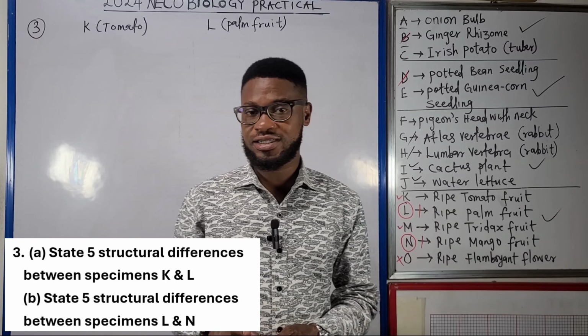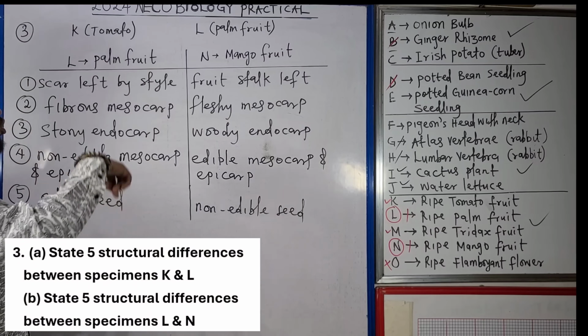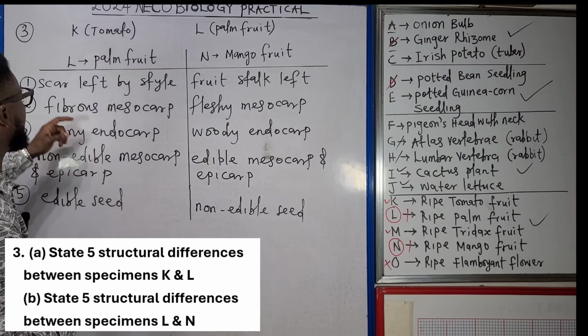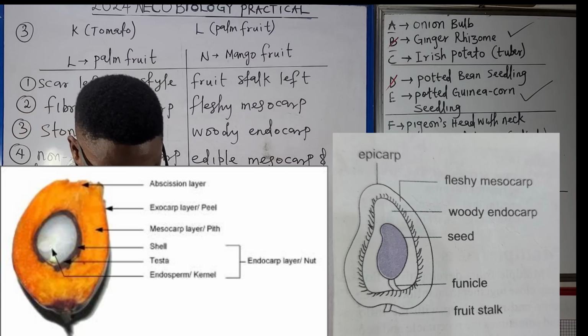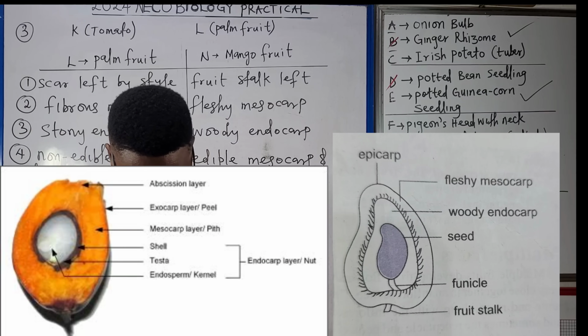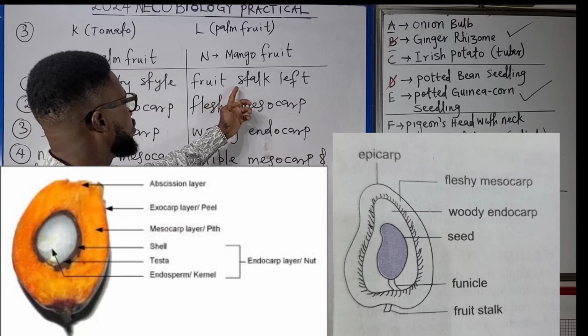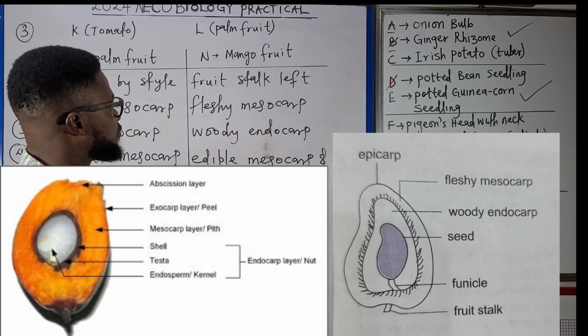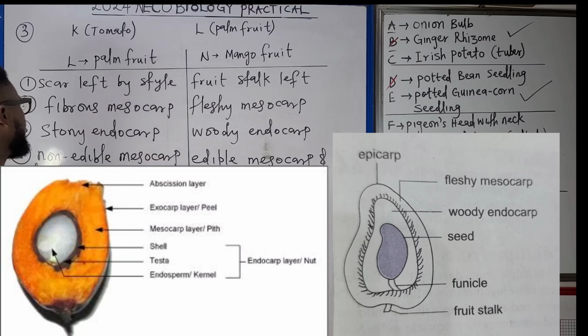What are the differences we should be looking out for? The first one, you're going to see that on the palm fruit, there's going to be a scar left by the style. You can see that scar left by the style, but for the mango fruit, that specimen N, you're going to have a fruit stalk left. You can see that in the diagram.